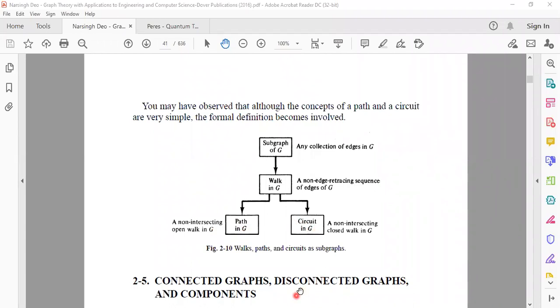The fundamental difference between path and circuit is that a path is a kind of open walk in which no vertex appears more than once. And in a circuit also, no vertex appears more than once.